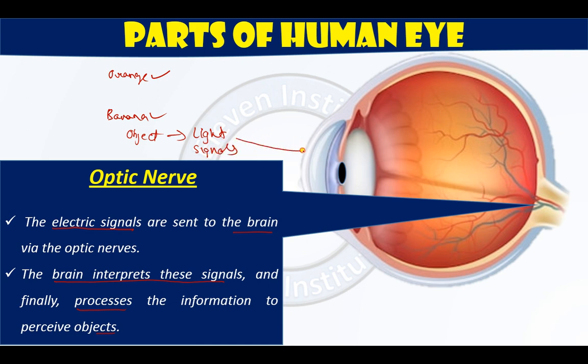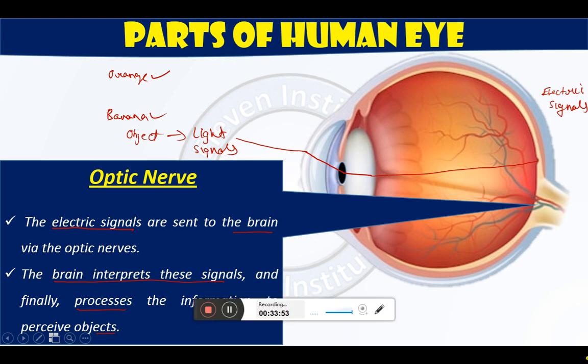That light is refracted by the cornea, enters the pupil, is refracted by the lens, and its image will be formed over here on the retina. The retina will just convert the light signals into electric signals, and these electric signals will be collected by these optic nerves, and they will send it to the brain, and the brain will process the image, right?